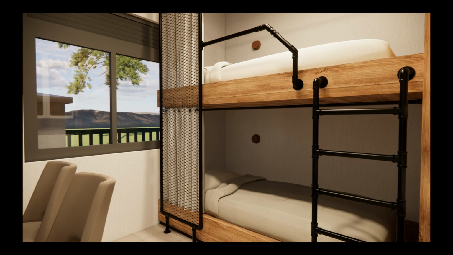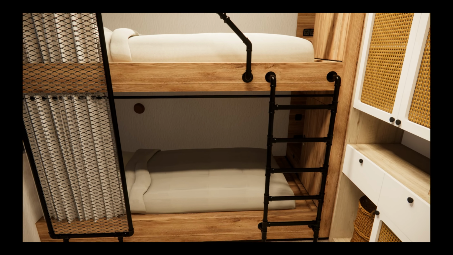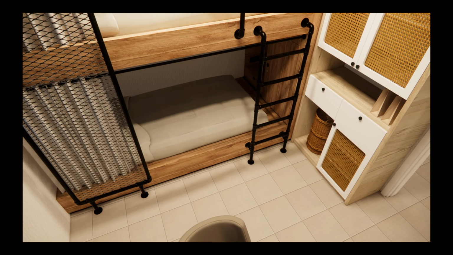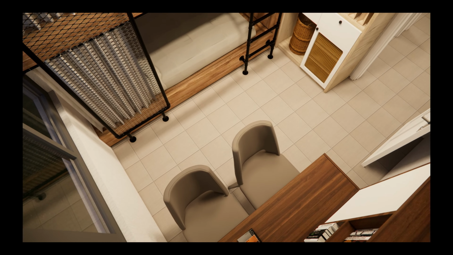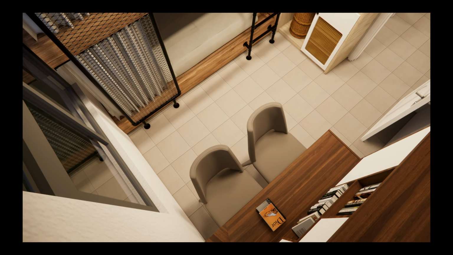Where we are in, as you can see, I tried to maximize space by creating a bunk bed whereby you can accommodate more than one person in the room.